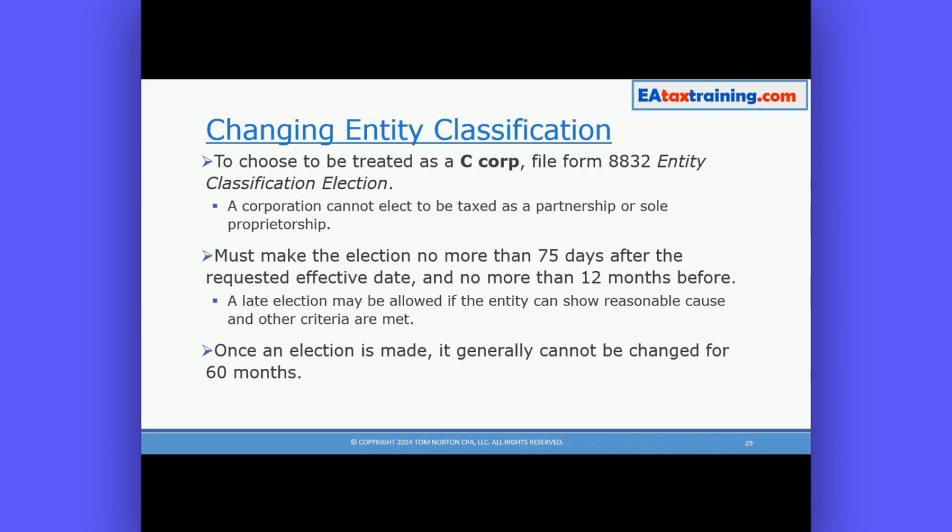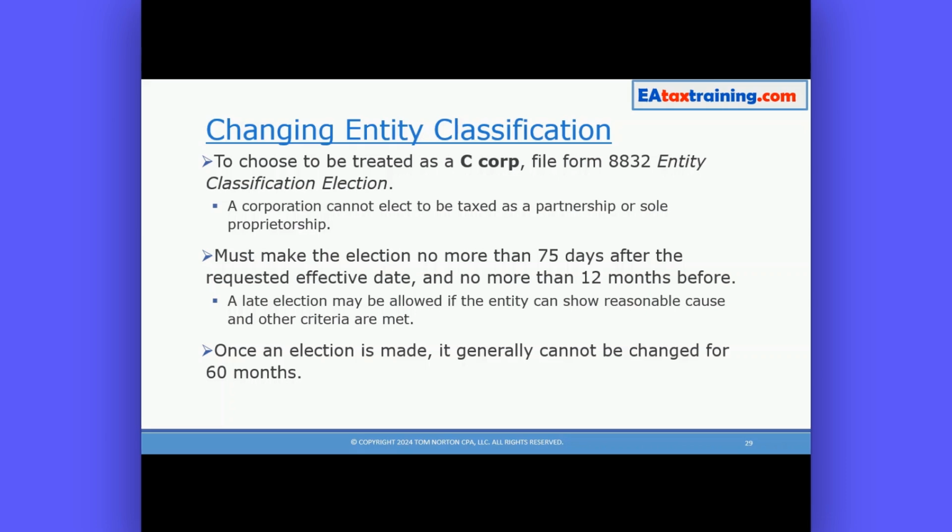In order to make this election to be a C Corp, it has to be made no more than 75 days after the requested effective date and no more than 12 months before. So let's say it's 2024 and you want this to be effective for 2024, you would have to do it within 75 days of January 1st of 2024 if you have a calendar year as your tax year, and you cannot elect it more than 12 months before January 1st of 2024.